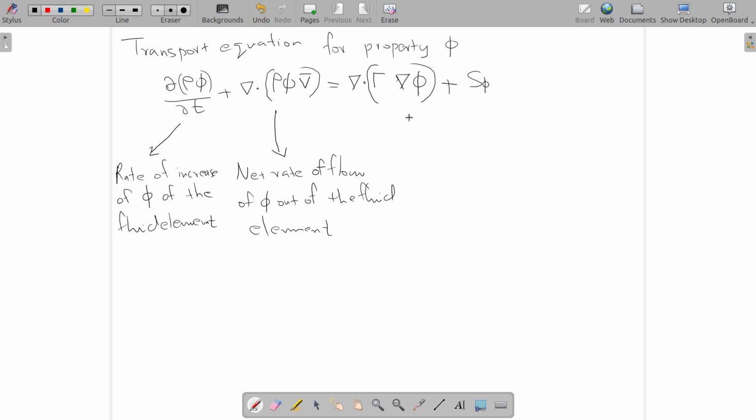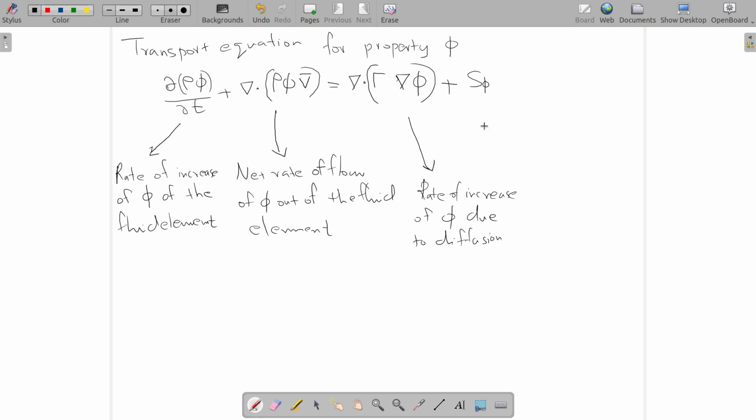Now comes the diffusion term. Diffusion term is the rate of increase of phi due to diffusion. The last one is the source term.